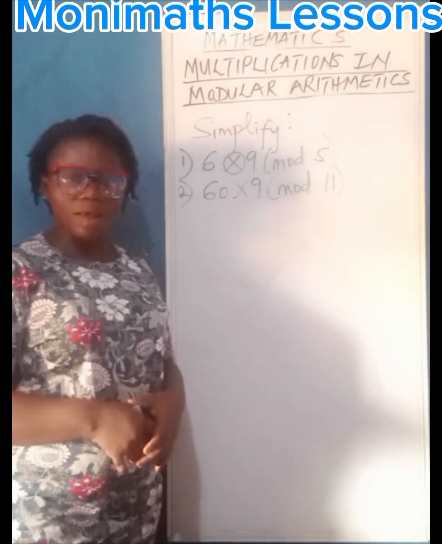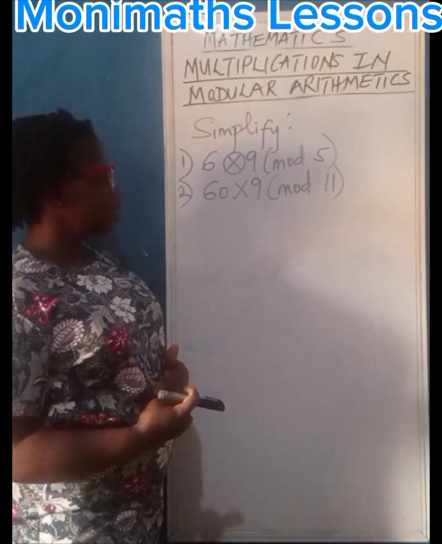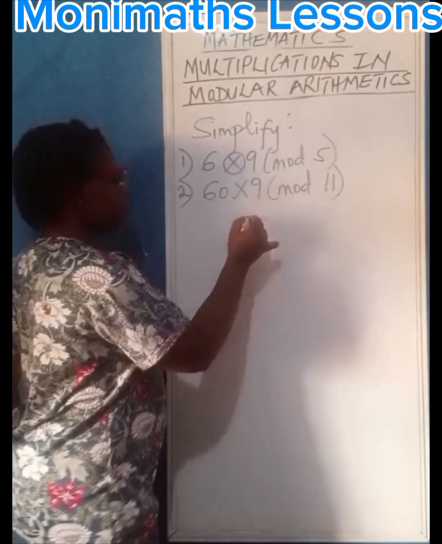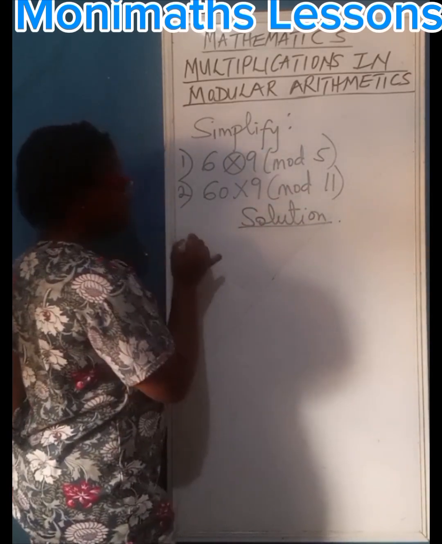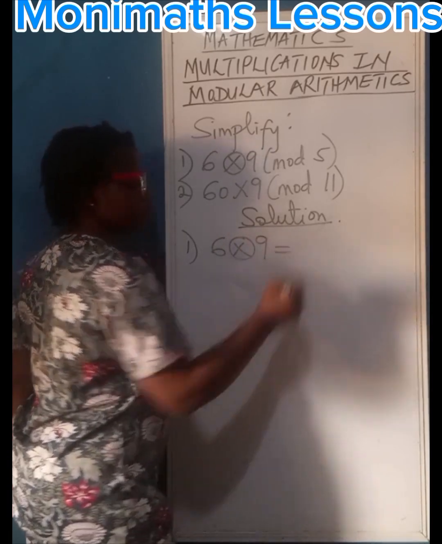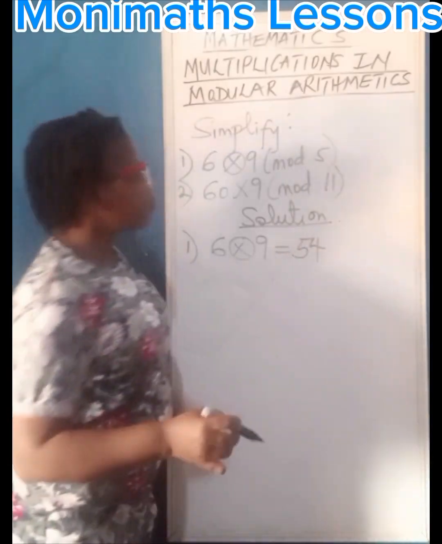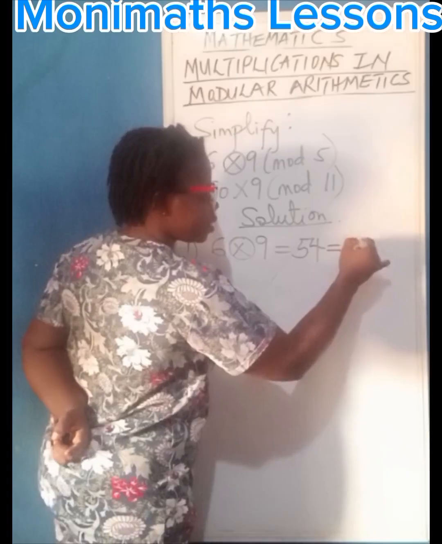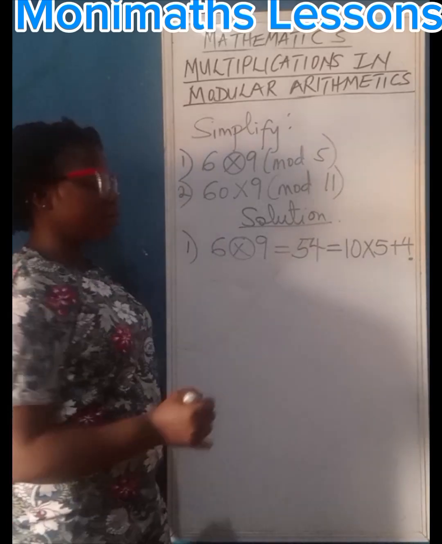These are more examples. Simplify 6 times 9 mod 5 and 60 times 9 mod 11. Solution. 6 times 9 is 54. 54 can be expressed in terms of the modulo as 10 times 5 plus 4. 4 is the remainder.